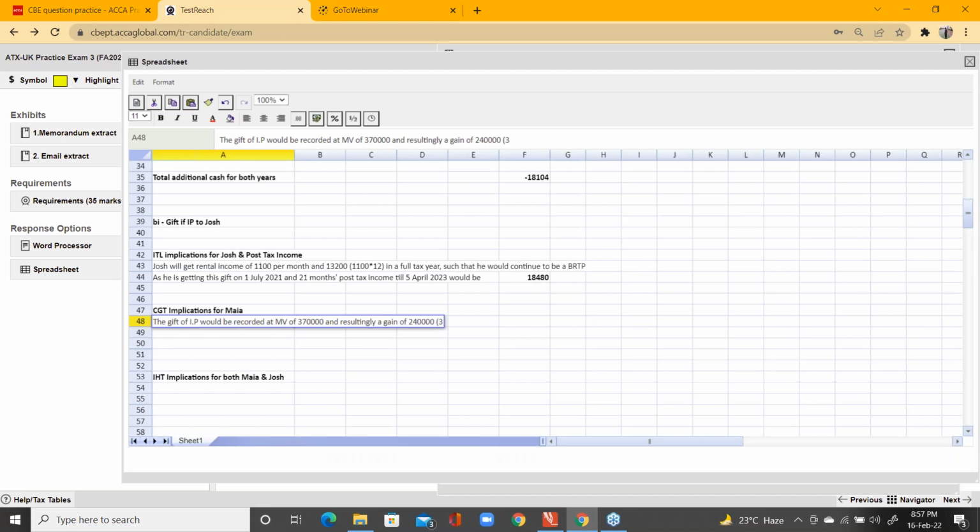Where did we get this 240 from? 370 is the market value and he purchased this property for 130. So a differential of 240,000 is calculated.